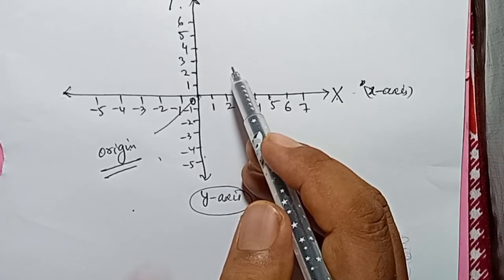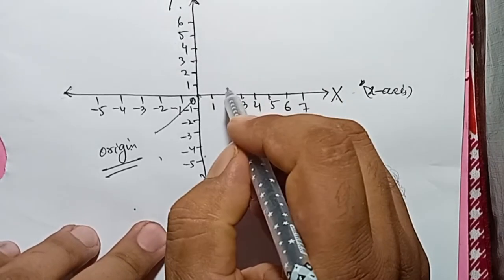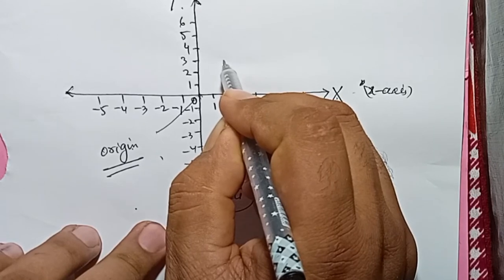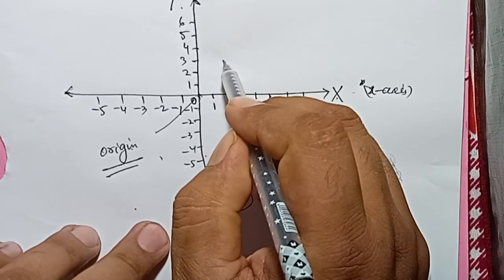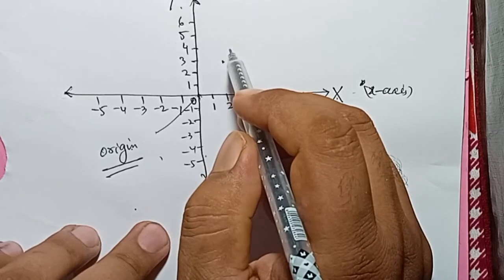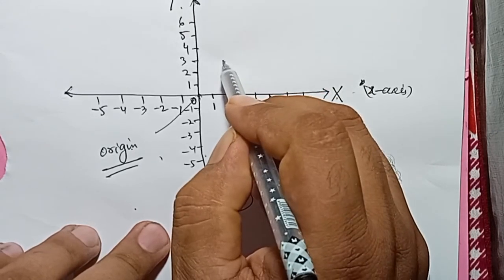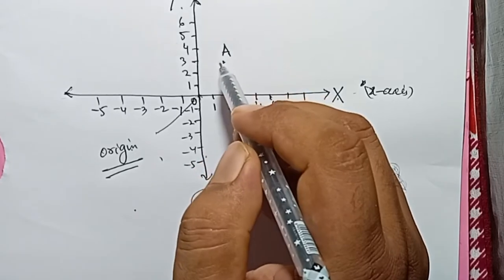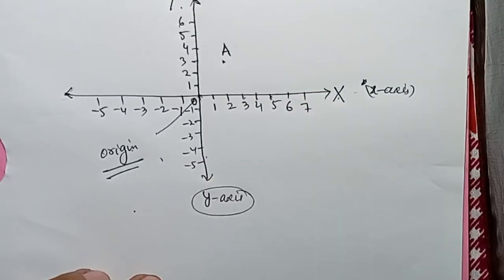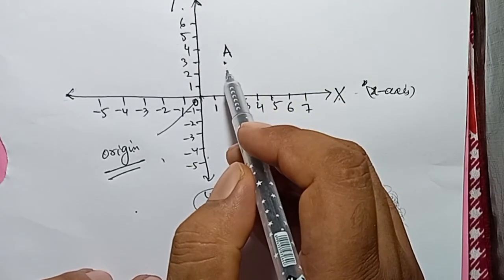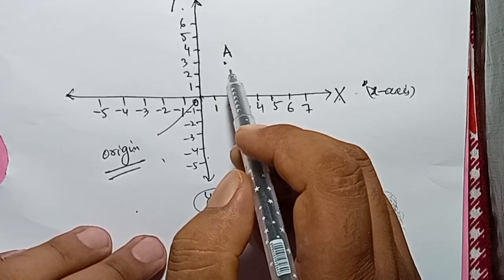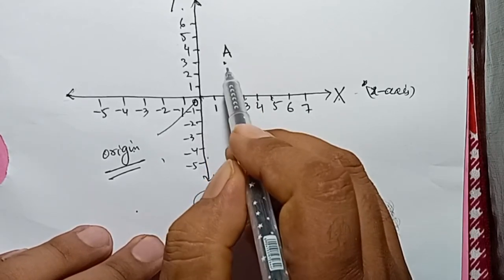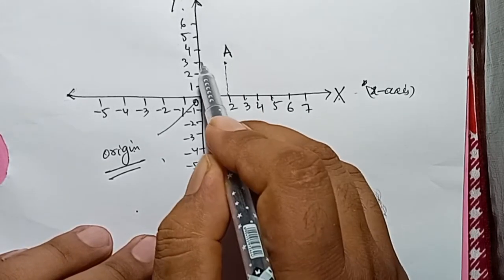If we have a point in a graph, for example I have a point here, if A is the point, and I want to know the address of this A, where it is located, I need 2 points. First I will join like this.